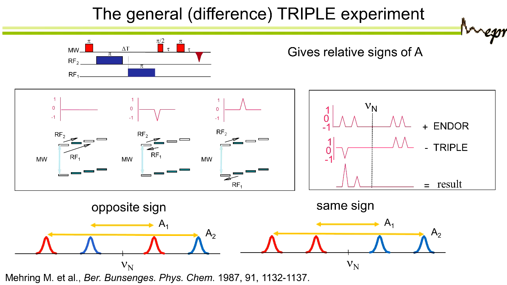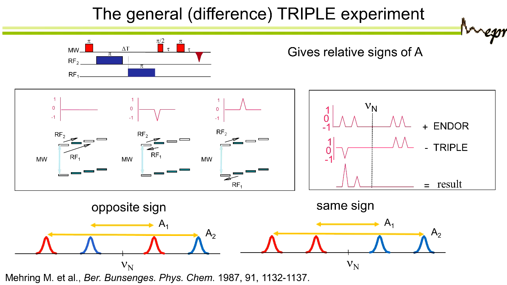Because I move population, so the difference now in the bottom will be large, and then in the top, and then I see an echo, right? So now if I do this type of experiment, the triple, I inverted, I touched one of the transitions, I will see all the transitions in the other manifold will show up as positive.